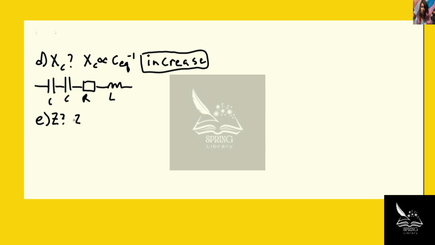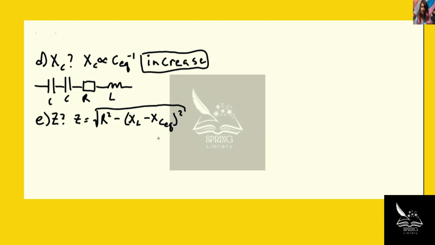Recall from the previous screen that the impedance is the square root of R squared plus the difference between the inductive reactance and the capacitive reactance, squared.